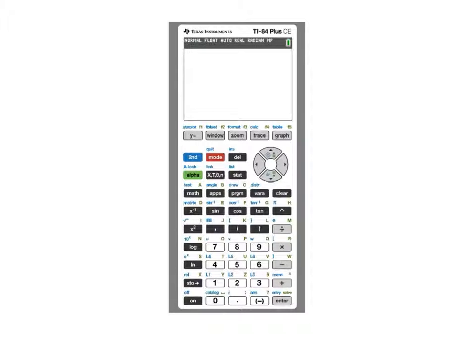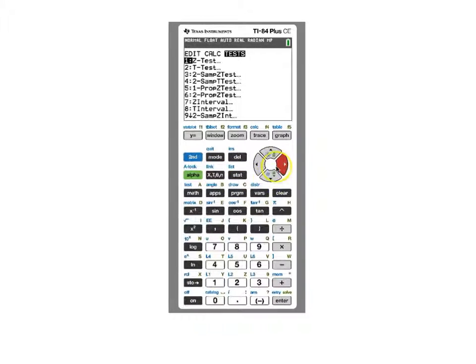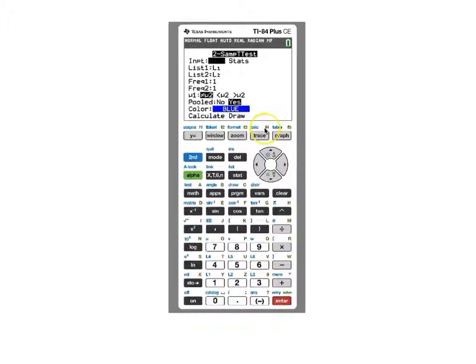Let's take a look at how we use TI-84 to perform this test. We go to Stat Tests, choose option 4, 2-sample t-test.